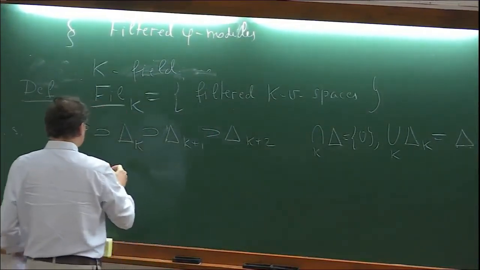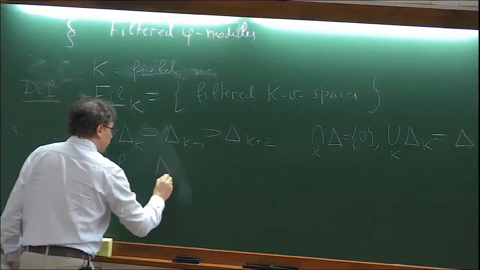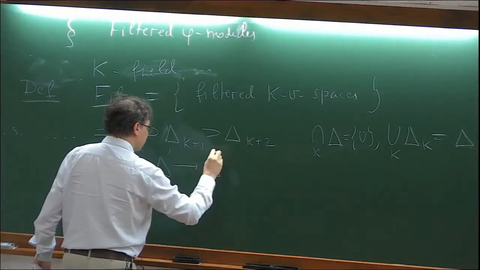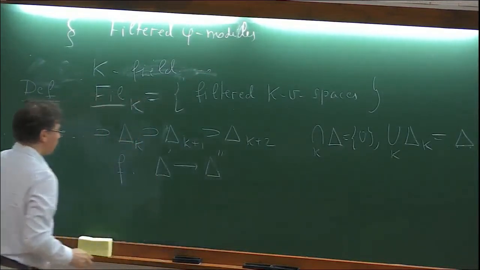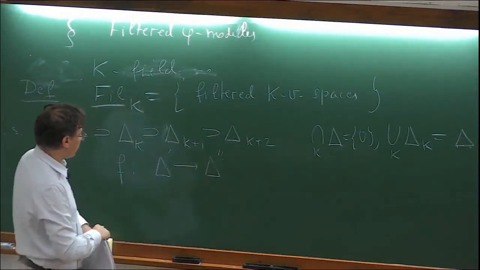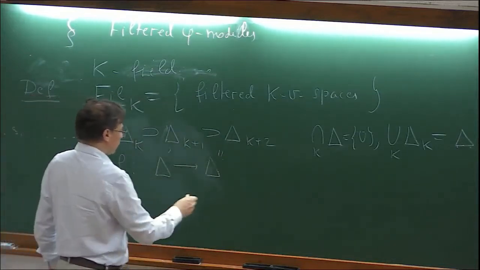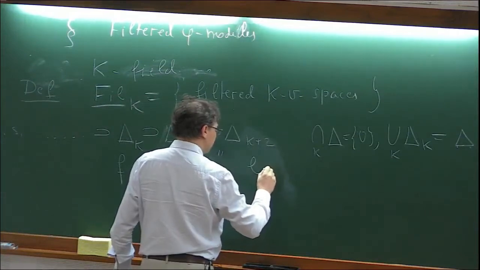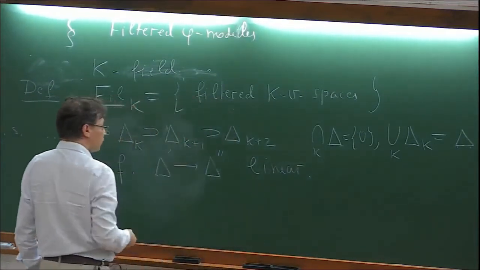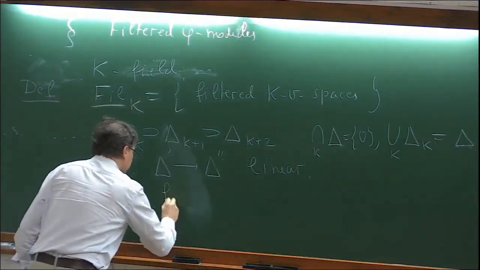And morphisms in this category, it's a natural thing. You have two filtered vector spaces, Δ' and Δ''. A morphism is a linear map which preserves the filtration.